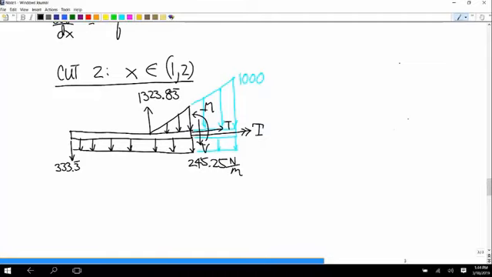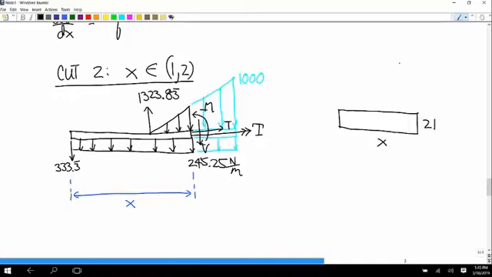So start with the easy one. What's the length of this whole thing? It's x. It's just that now x falls between 1 and 2 somewhere. So this has a length of x, and its height is the same all over, so 245.25.